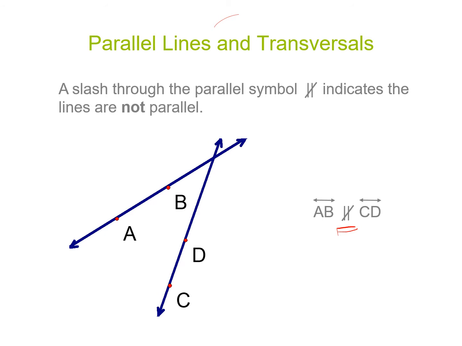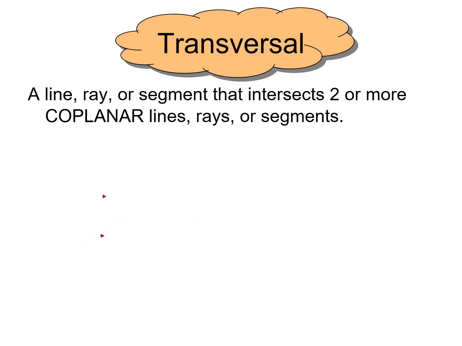So in the figure we have here, line AB is not parallel to line CD because they intersect at a certain point. We have that one there.